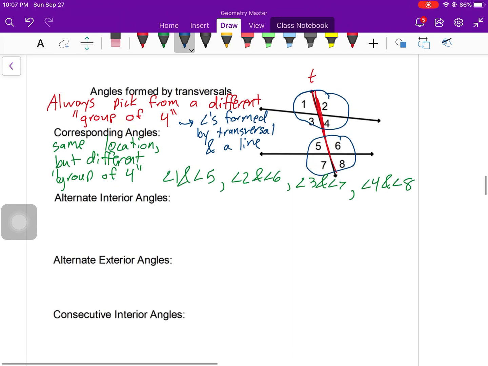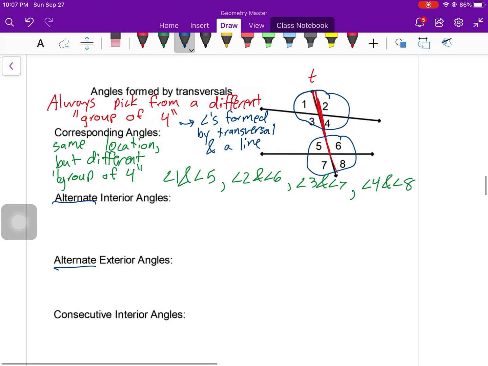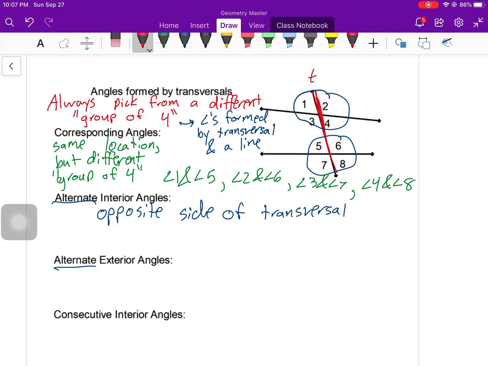All right, for this next one, alternate interior angles. Okay, alternate is the same for both alternate interior and alternate exterior. Okay, that tells me it's the opposite side of the transversal. And then interior tells me it's inside, right?